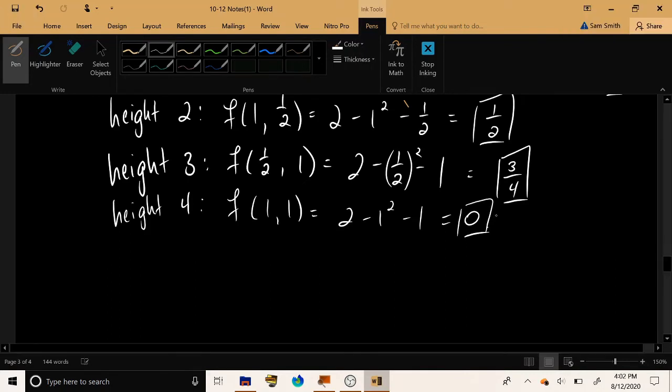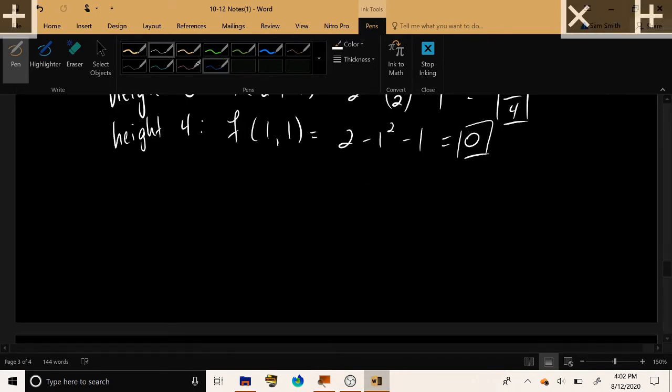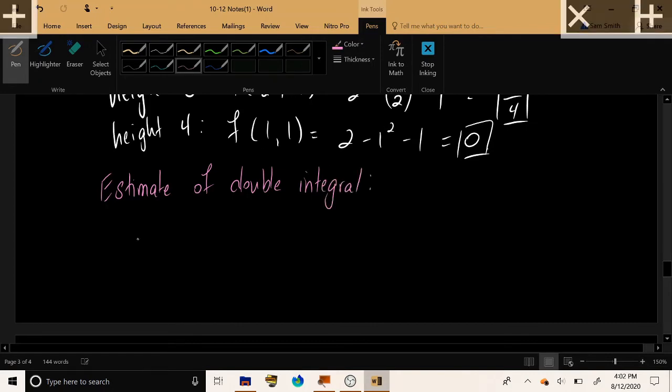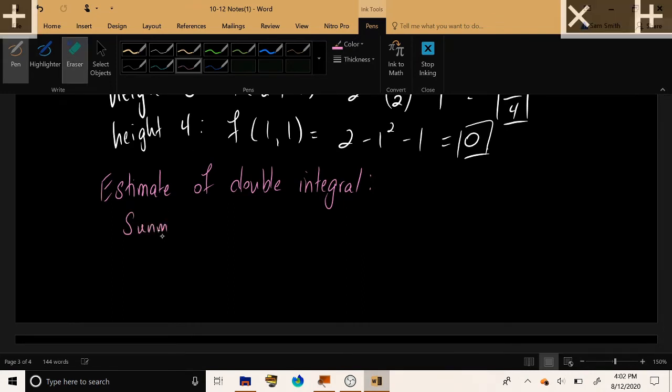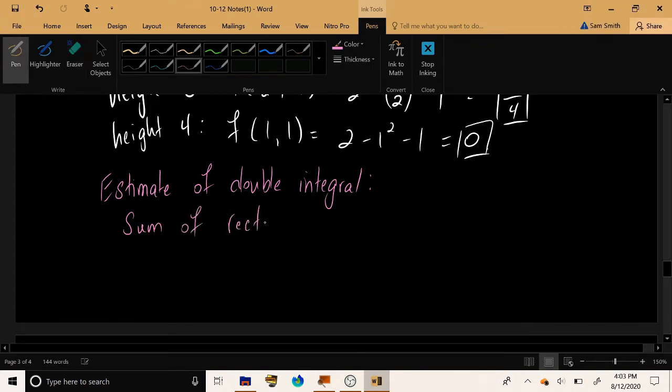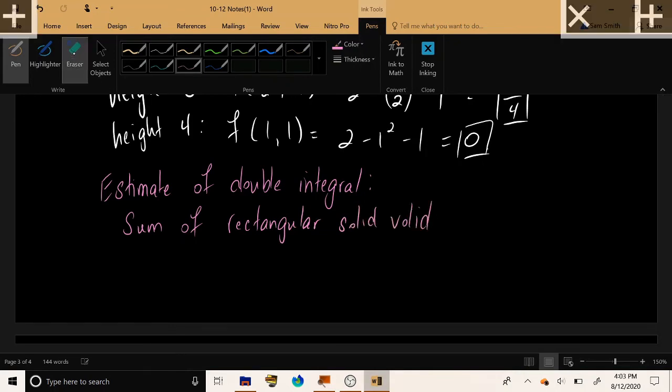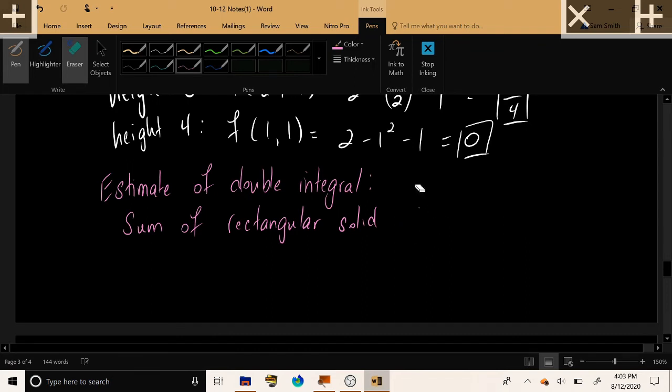Okay, so now to find the total estimate for the double integral, let's go ahead and add together all of the volumes of these rectangular solids. Solid volumes, I should say.